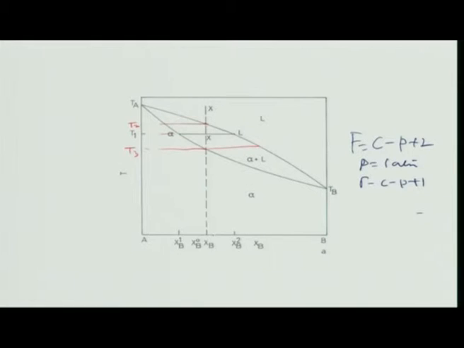So I have chosen one temperature T1 which lies between T2 and T3 and draw a tie line. I told you a tie line connects alpha and liquid, solidus and liquidus.